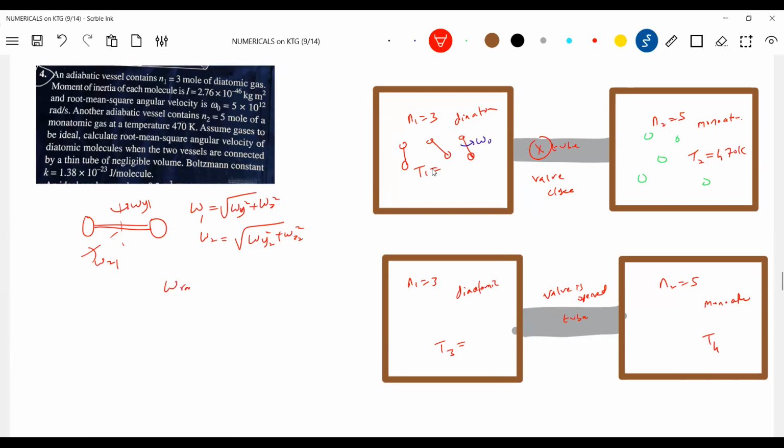What is omega RMS? Able to understand now? This is the meaning of that. So don't think that omega RMS is about Y, about X. Each molecule will have angular velocity about Y, about Z, about X axis. Even the X axis also will come, no?